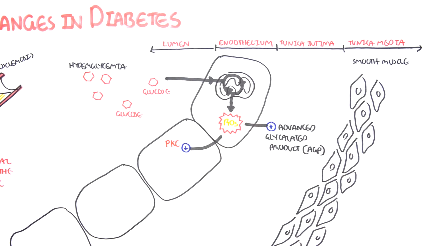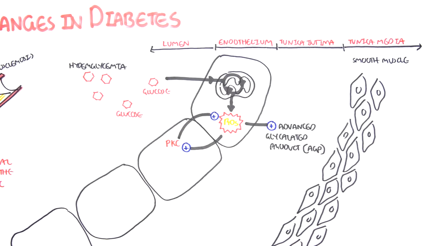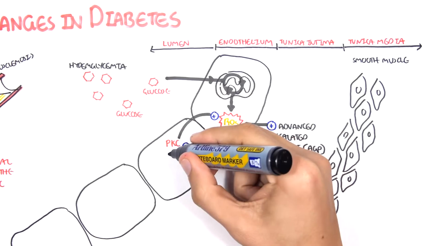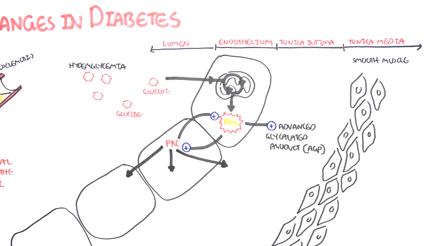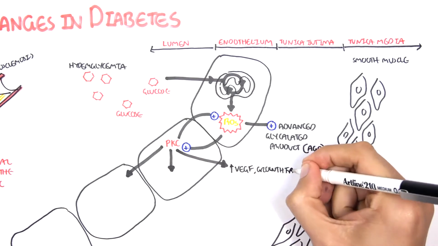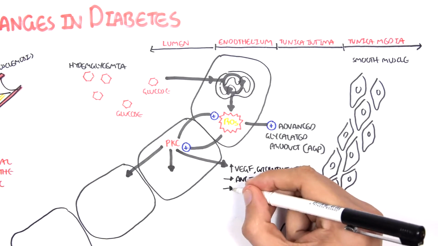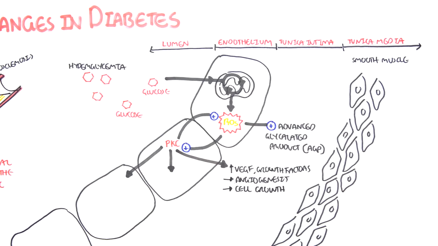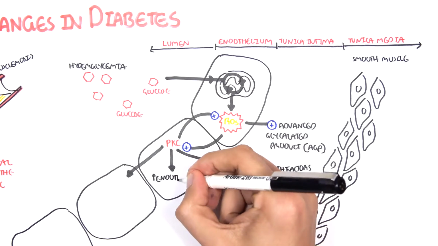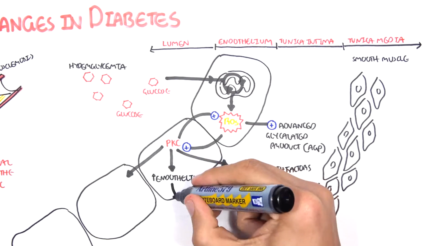Reactive oxygen species stimulates protein kinase C activity, which sort of forms a continuous stimulatory cycle. Activation of protein kinase C leads to also a number of things, including increased production of VEGF and other growth factors, resulting in angiogenesis and cell growth. Protein kinase C also increases production of endothelin, which stimulates platelet aggregation.